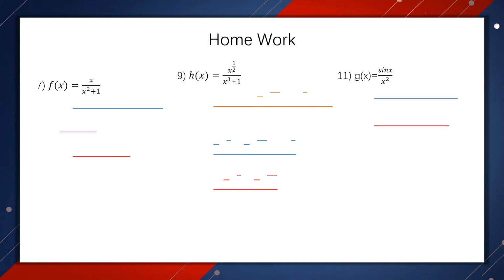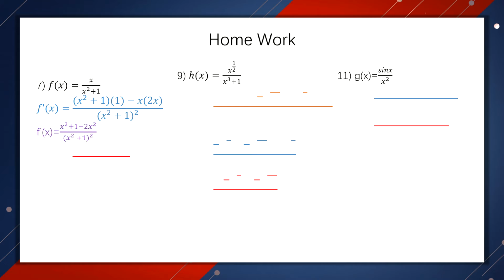And in the next topic, Tom will explain about the homework. So the first question is x over x squared plus 1. First we need to write f derivative x equal to, look, the x squared plus 1 is moved in front, so it's x squared plus 1 times 1 minus x times 2x over x squared plus 1 square.